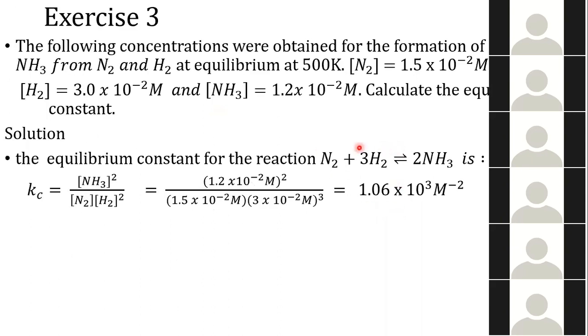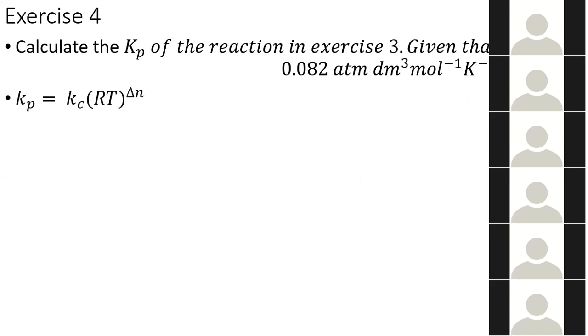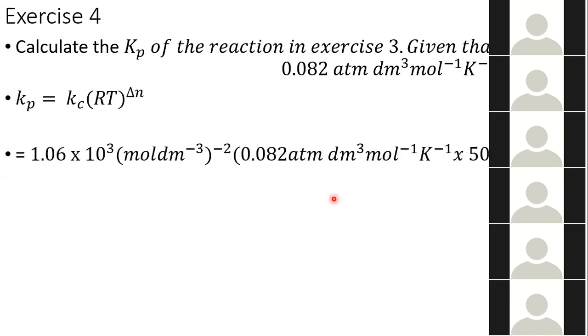Let's look at that from the balanced equation. That will be 2 minus 4, giving us -2.